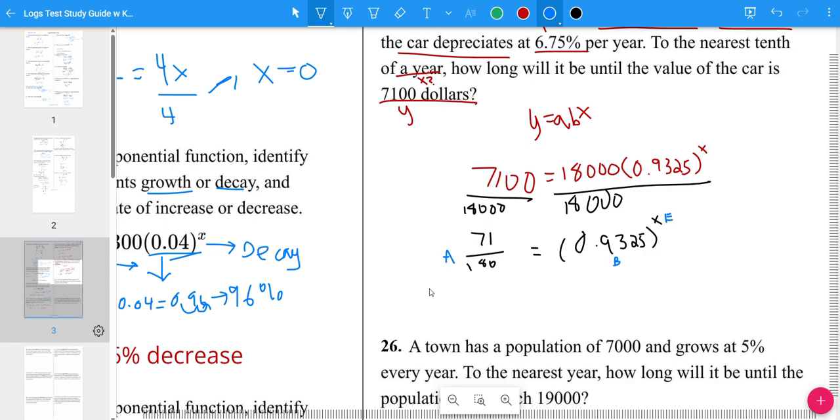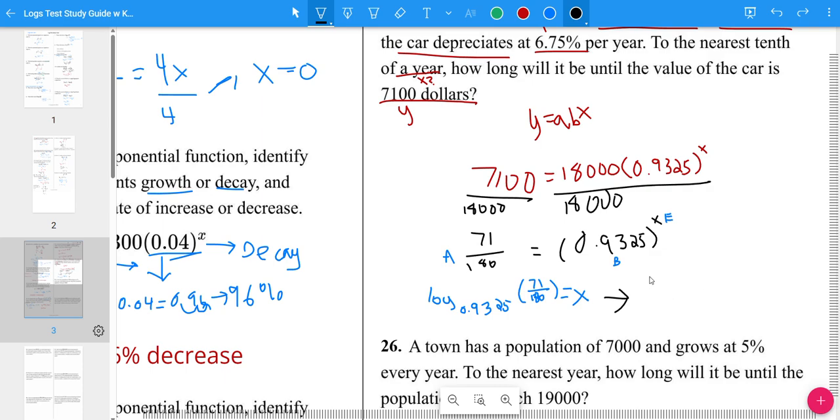So logs are base, so log base 0.9325 of 71 over 180 equals x. So I'm going to rewrite this with base on bottom. This is my base. It's going to go on bottom when I type it in.